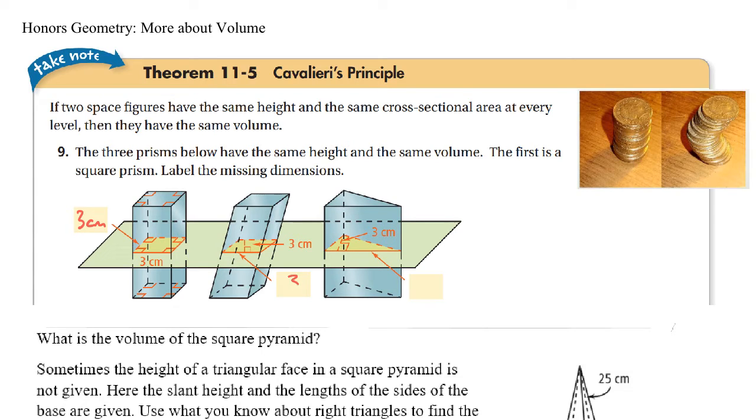Well, that means this base must also be 3. But now this would be 1/2 times 3 times x, if this was x, and that has to equal the same as both of these, which are 9, because they're 3 times 3. 9 is that area. And so 1/2 times 3 times what? Well, I could just move that over, and eventually I just get 6. So 6 centimeters. So kind of a neat little thing.